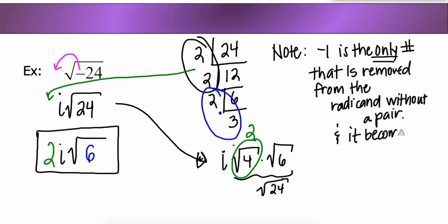And that -1 becomes i, because the square root of -1 is equal to i.